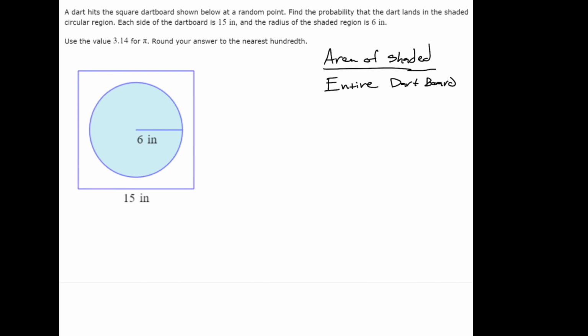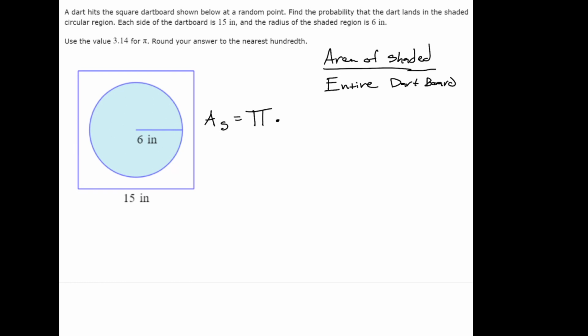So area of the shaded. I'll put A sub S, area of the shaded. That's going to be pi times r squared. Pi times, well, my radius of the shaded spot is, oh, by the way, I'm using the circle formula because the inside is a circle. So the shaded part was a circle, that's why I'm using the circle formula.